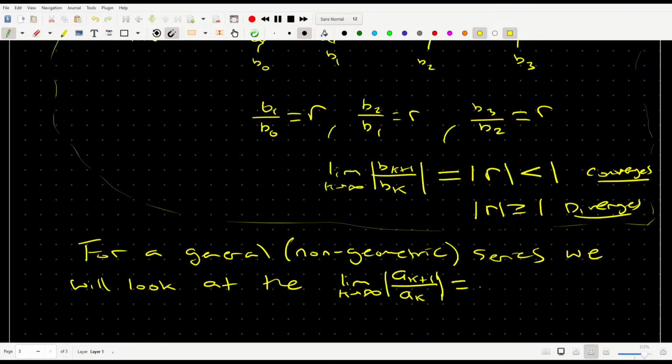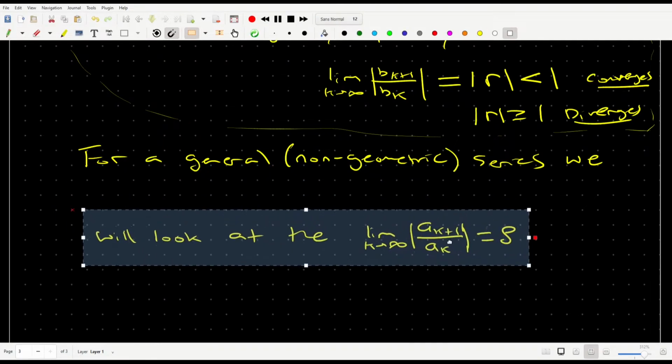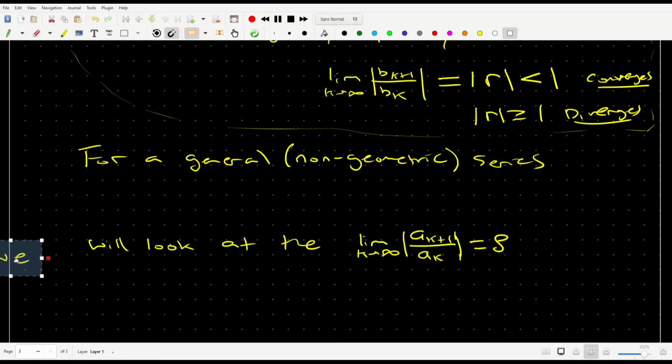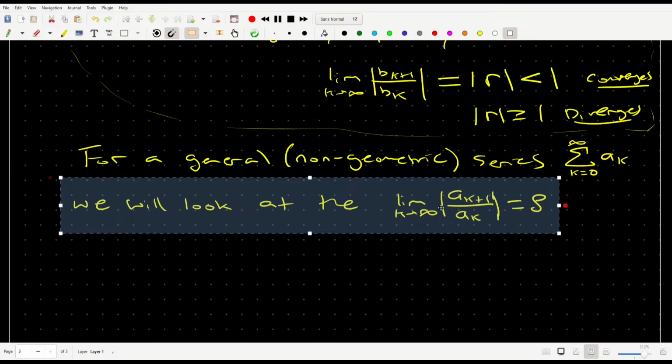We'll call this limit rho. The idea is that this value of rho is telling us how closely this general series of a_k is related to a geometric series with rho as the r value. This is a good way of thinking about this idea and this theorem.